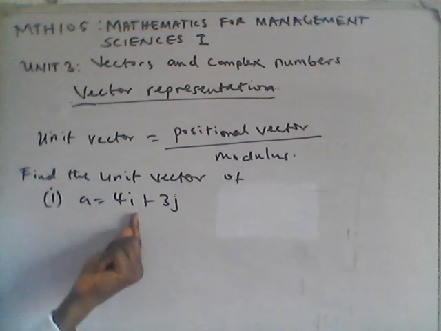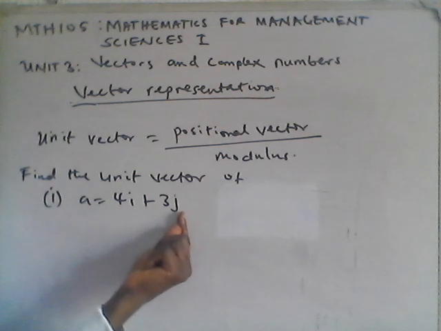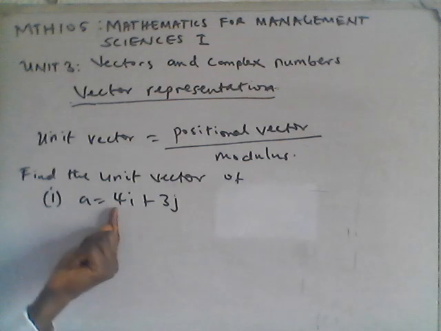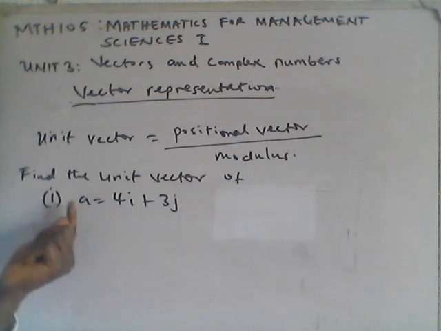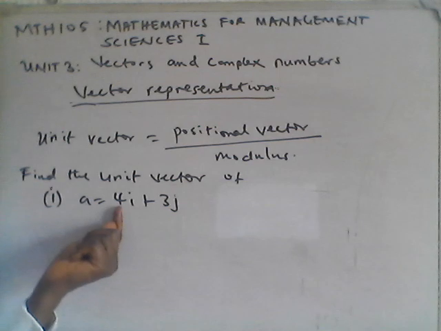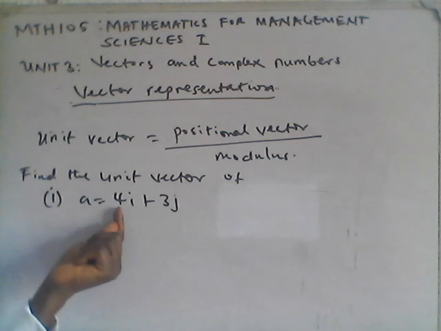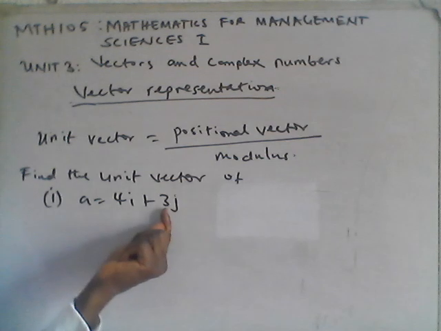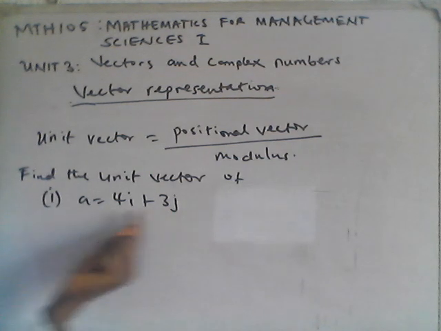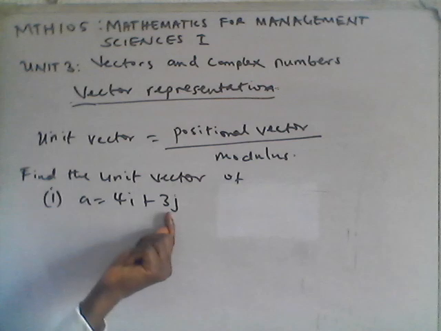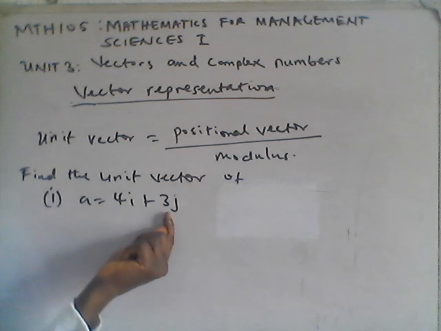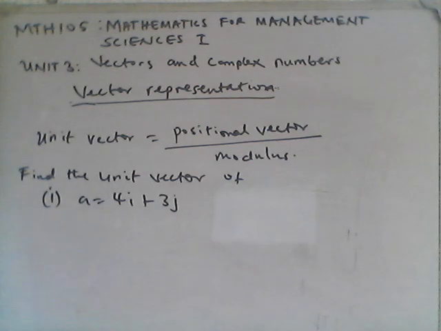The i is telling you that it's the x-axis and the j is telling you that it's the y-axis. The 4 before the i is telling you that A is 4 units away from the zero origin on the x-axis, yes. And the 3 before the j is telling you that A is 3 from the origin on the y-axis. Okay, now let's say find the unit vector.